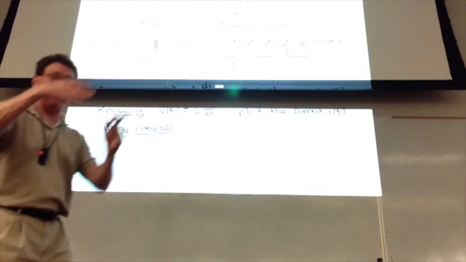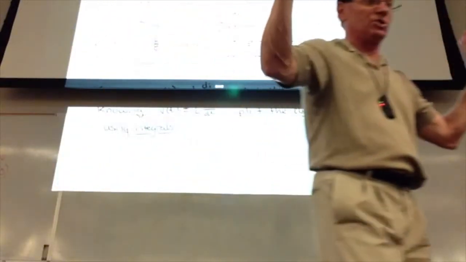I didn't put it on the slides, but just write down that I of 0 is equal to 0. You have to know the initial condition. If it's on an exam and it's not written down, say, hey, I have to assume something, so just assume it's 0. The inductor is initially unenergized.